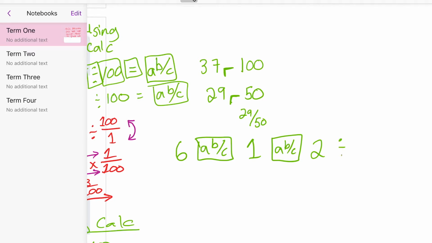Divide it by 100. Now, if I'm going to do this calculation right now, so if I go 6 ABC 1, ABC 2, divided by 100, press equals, it already puts it into fraction mode because you used the ABC button before you pressed equals.